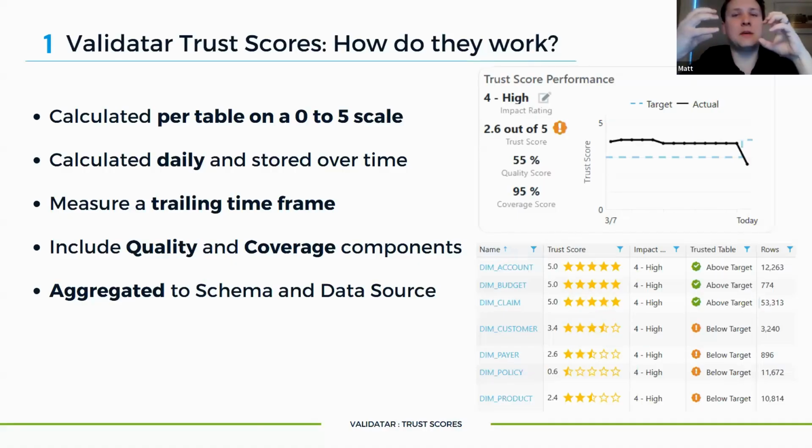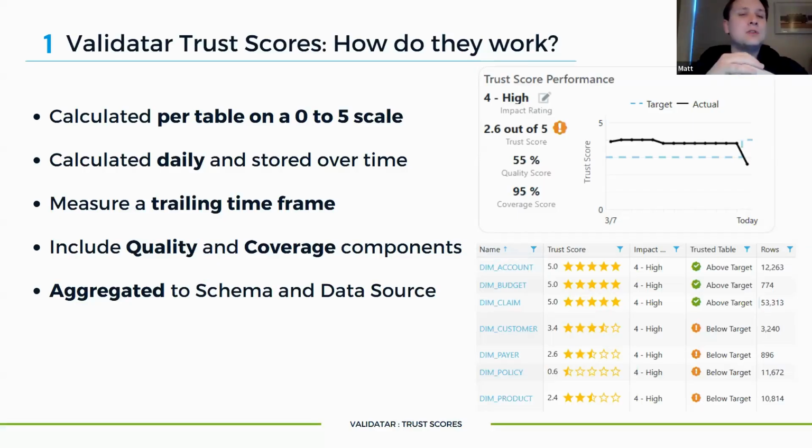And then in terms of how it actually gets calculated, trust scores break into 2 main components right now: quality and coverage. We're going to talk about how each of those subcomponents gets calculated, and what they mean. But you should always know that a trust score is coming from subcomponent scores.